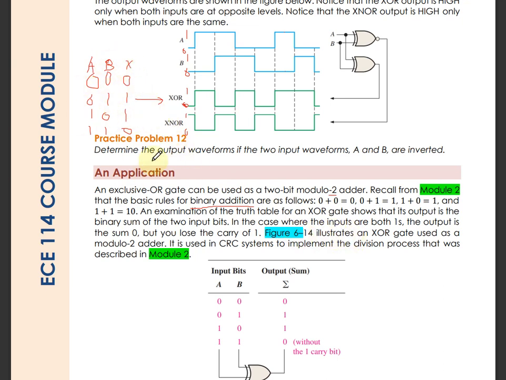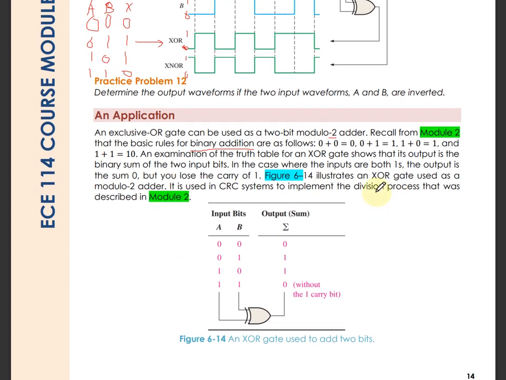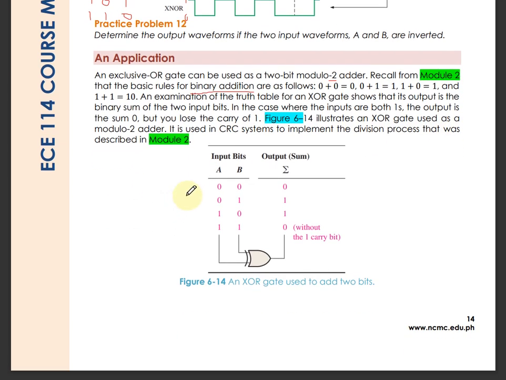So basically, the XOR can be used as a modulo 2 adder, no? When you add binary, two binary digits, no? So this is the illustration, and this is used in the CRC system to implement the division process that was described in module 2.